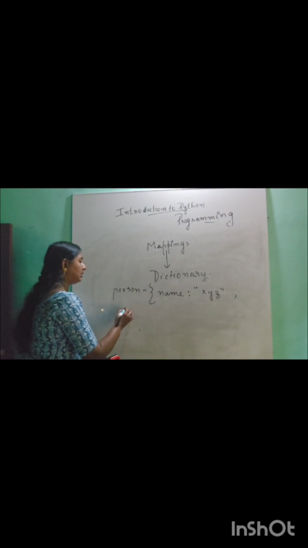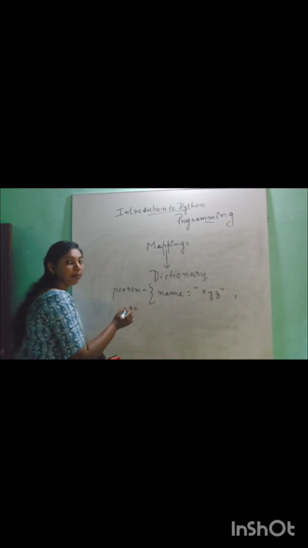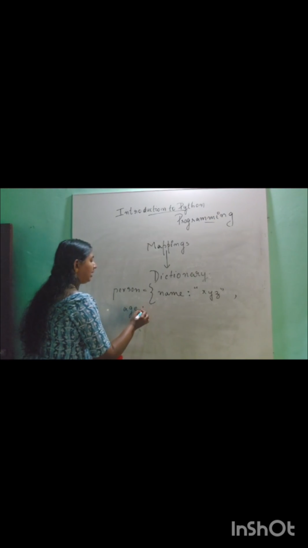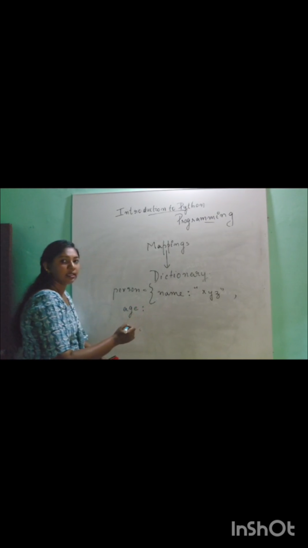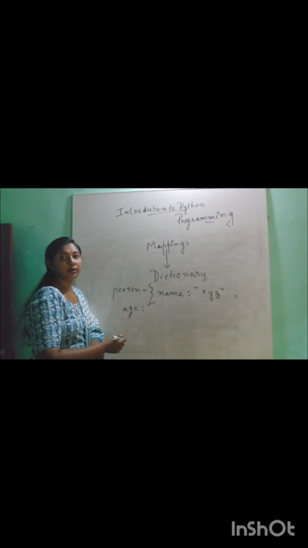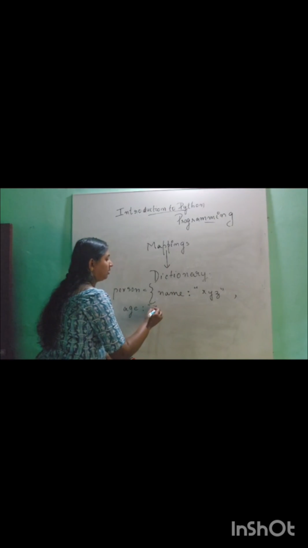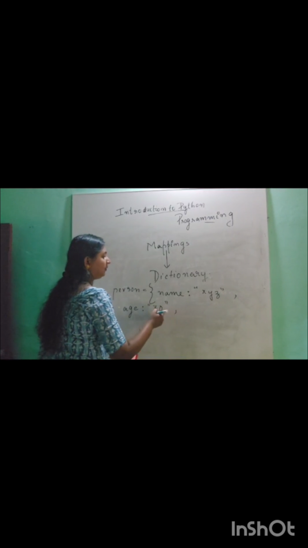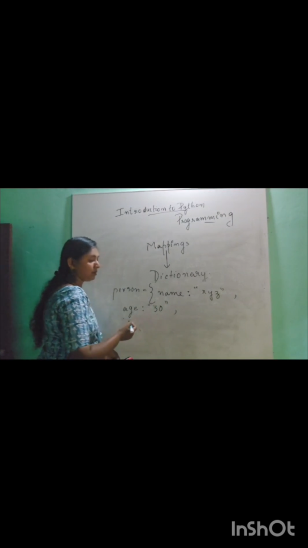Then what is the next thing associated with a person? Maybe the age or date of birth. So age is the key and the value is 30. Age is a number, but here I am storing it as a string. Then the second pair is also over.